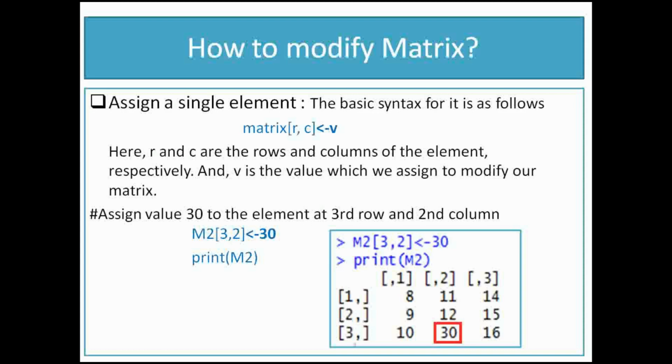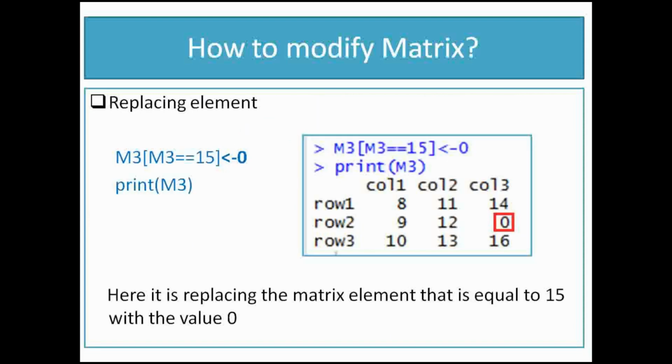The next example shows that I can also identify a particular value with respect to its value, and then replace it. In the first case, we are assigning a particular value to a particular position, so its previous value will be automatically replaced by the new value. Now in the second case, we are replacing the element with respect to its existing value.